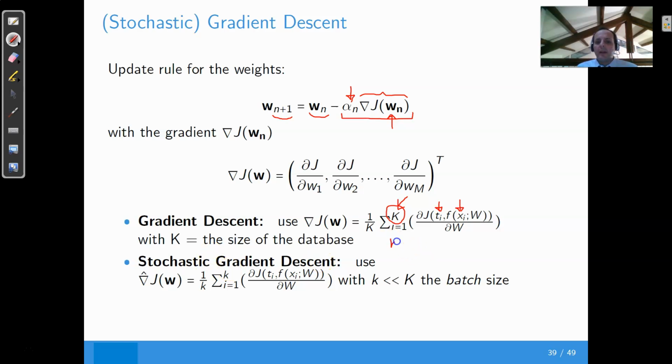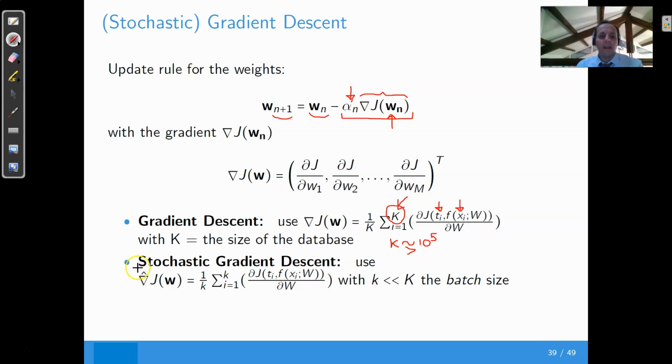Normally in neural networks, the number of samples can be bigger than, let's say, 10^5. It's not impossible to work, for example, with millions of data, so it's a normal number. So the computation of your gradient can be computationally expensive.